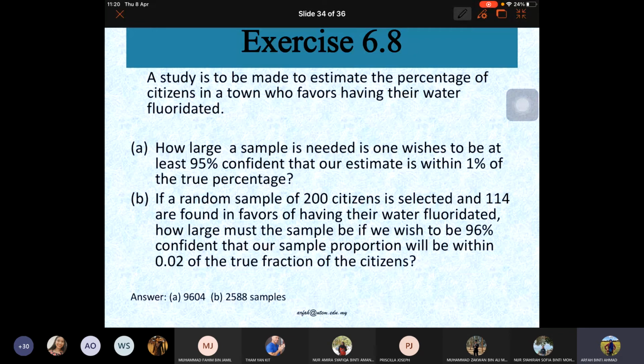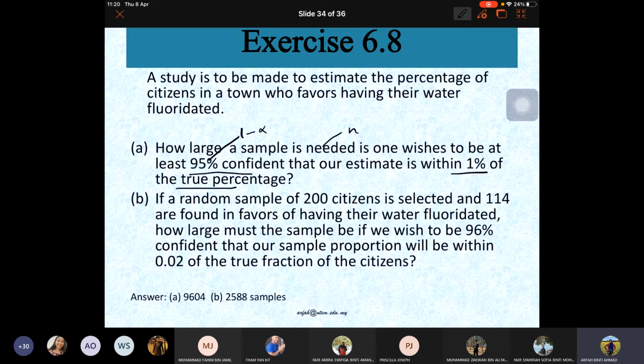Okay. So faham tak soalan? Soalan yang A lah. So berapakah nilai N? Okay. If wishes to be at least 95% confident, this is your 1 minus alpha. Okay, our estimate is within 1% of the true percentage.